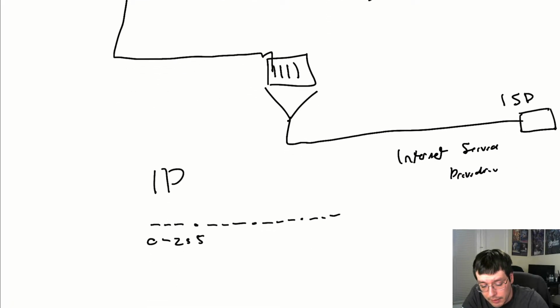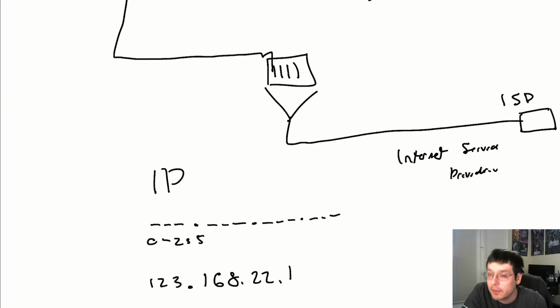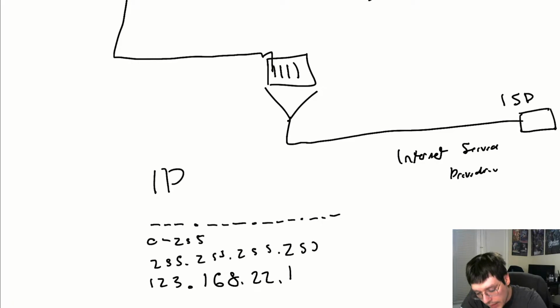So a valid IP would be like 123.168.22.1. That would be perfectly fine as well. Up to 3 digits, each from 0 to 255. The biggest one you could see, I suppose, would be that. And so that translation happens.